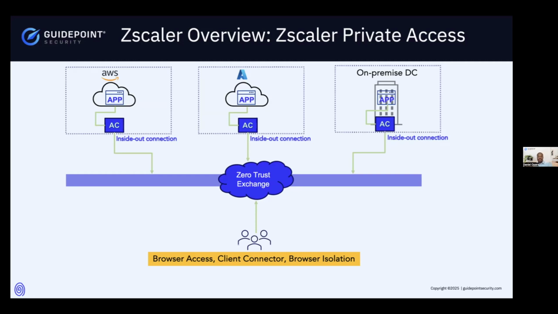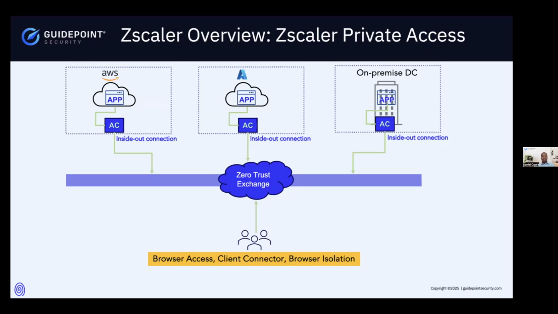The Zero Trust Exchange platform enables this connection to take place between the user and the internal application. It makes use of the Secure Access Service Edge framework to create a secure cloud-native environment for users to connect directly to the internal applications.